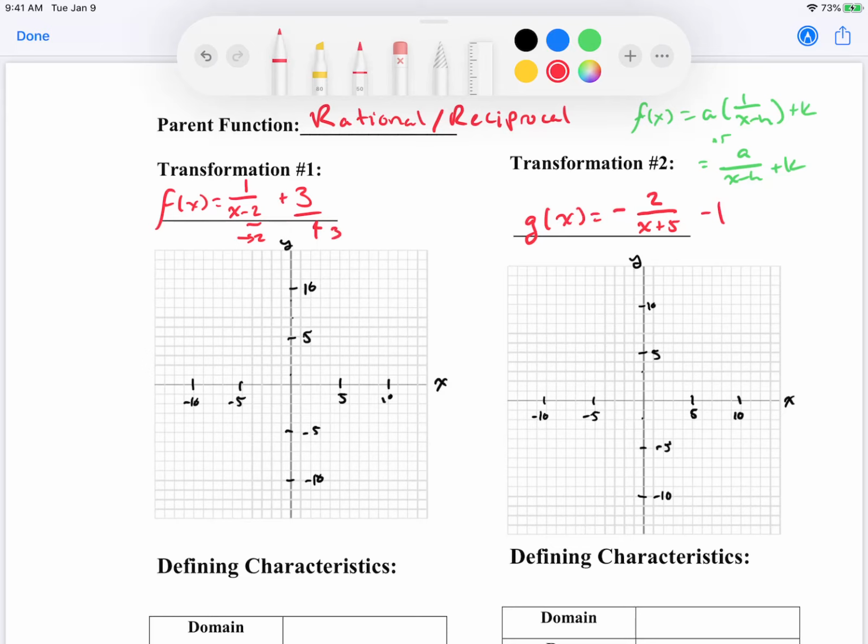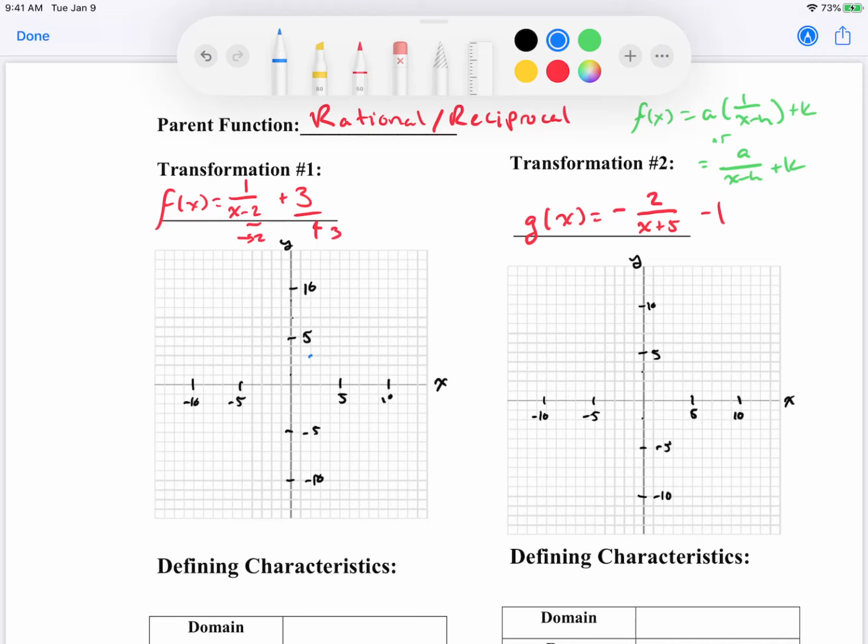So where are my asymptotes? That's the first thing we want to do. Essentially where they intersect, our h, k, is going to be at positive 2, positive 3. So I'm going to go 1, 2, up 1, 2, 3.